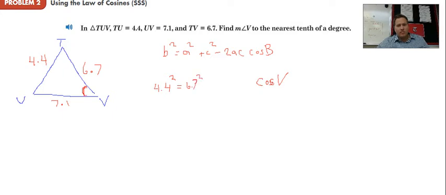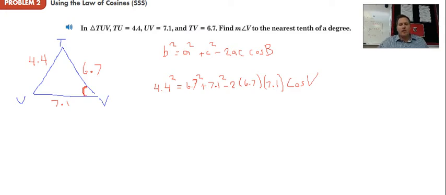So I'm going to have 6.7 squared plus 7.1 squared minus 2 times, let's see if I can fit this, I don't think I can. This is going to give me 2 times 6.7 times 7.1, the two sides that are opposite the 4.4, and now I'm trying to find the cosine of V. A lot is going in there, but my biggest thing is just getting it set up right.